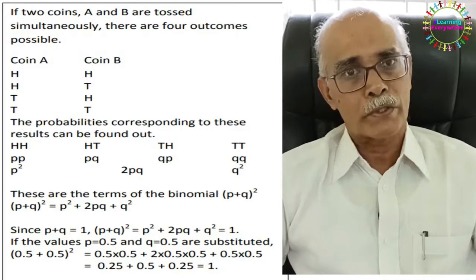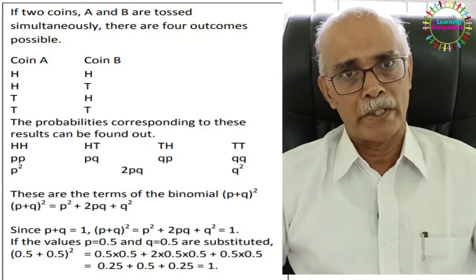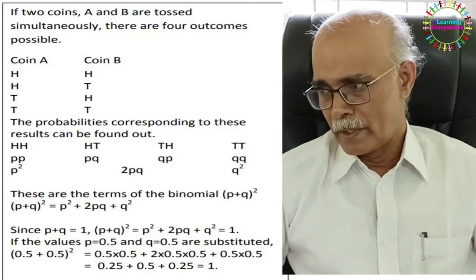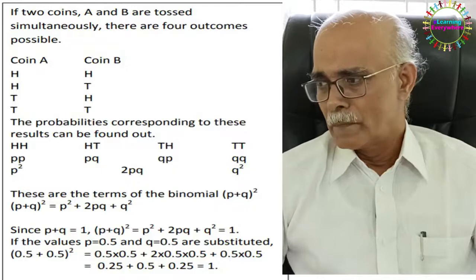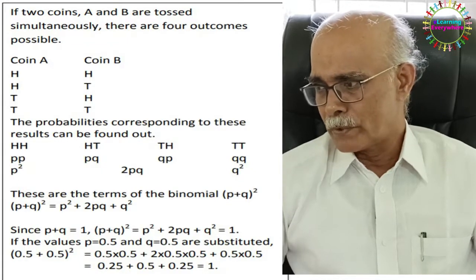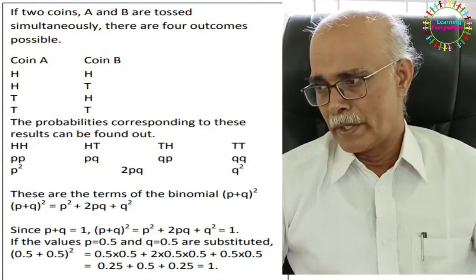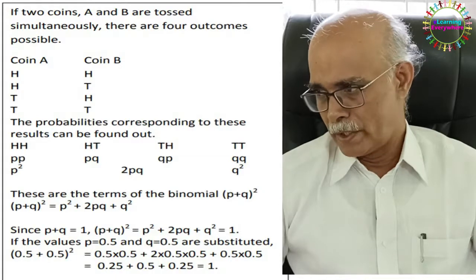And we know that P plus Q is equal to 1. If you toss a coin, you will get either a head or a tail, meaning P plus Q is equal to 1, and P plus Q all squared is equal to P squared plus 2PQ plus Q squared, and that is also equal to 1.